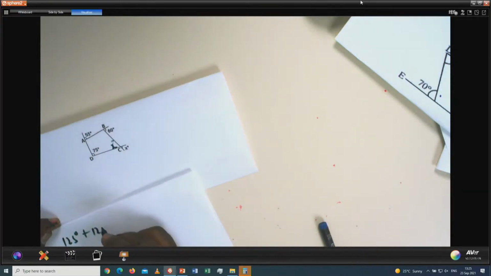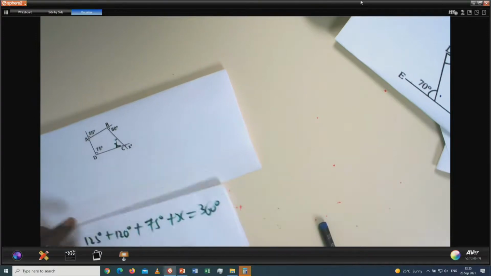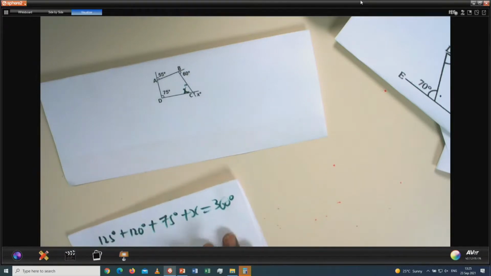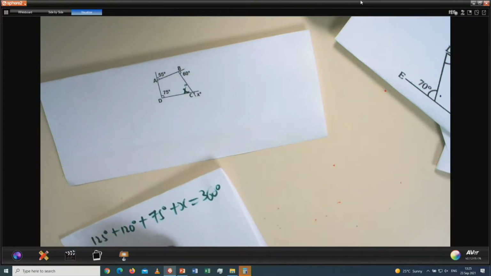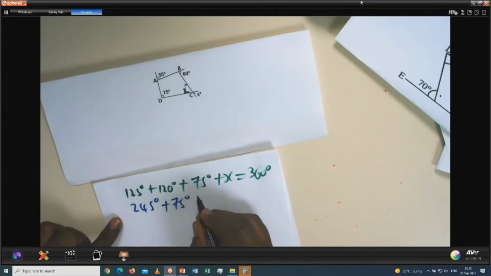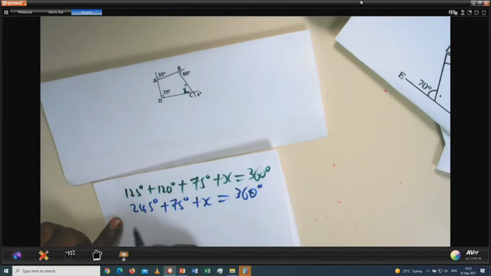125 degrees. On a straight line, if this is 60, that one is 120 degrees, plus 75 degrees plus x. When you add all of them, they give you 360. 245 degrees plus your 75 degrees plus your x equals 360 degrees.